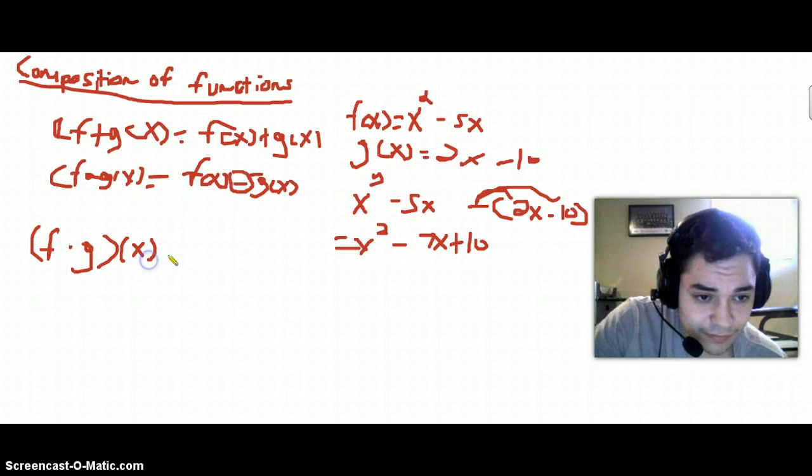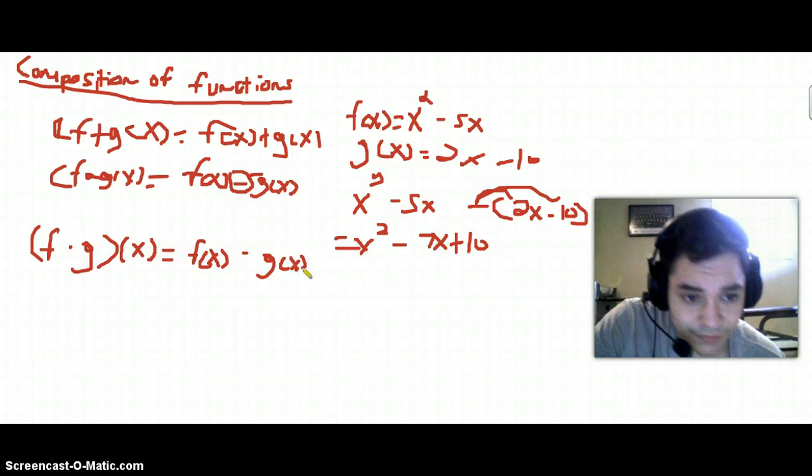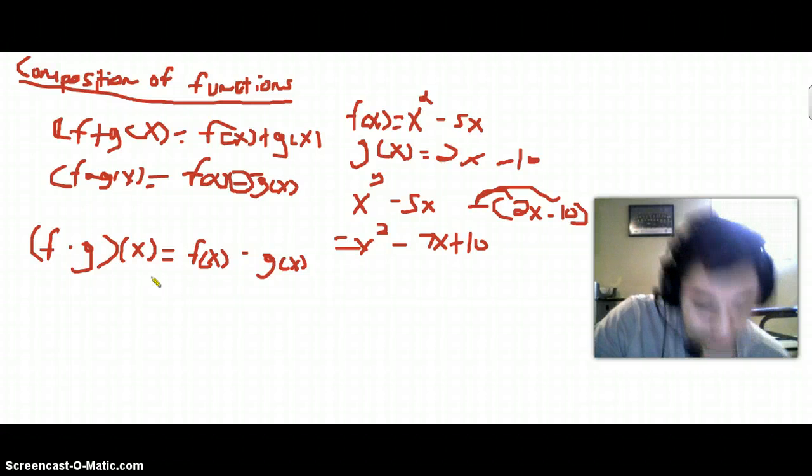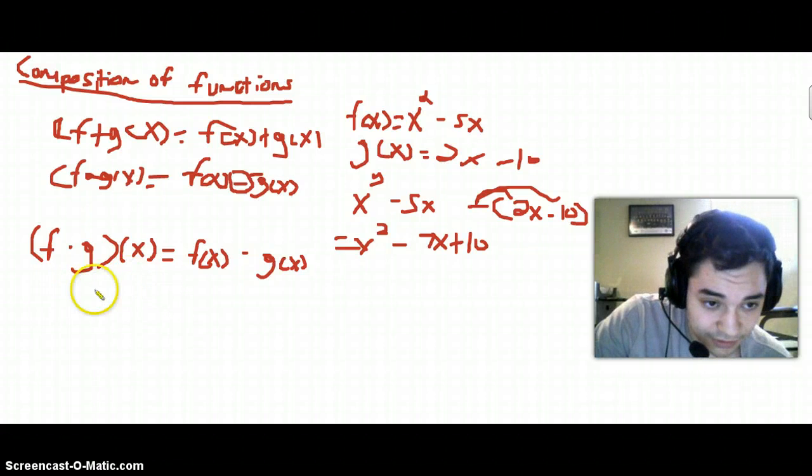So now what does this mean? Well, we're just basically multiplying the functions, and then we get our quotients, and it's the same deal. We just put them over each other. So I will not write that.